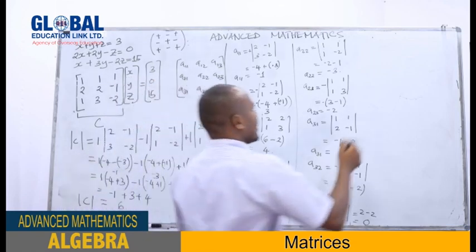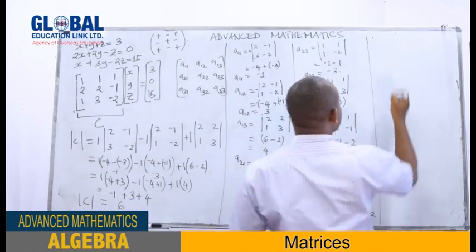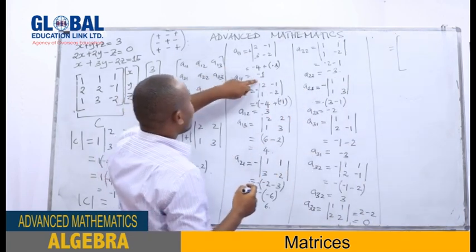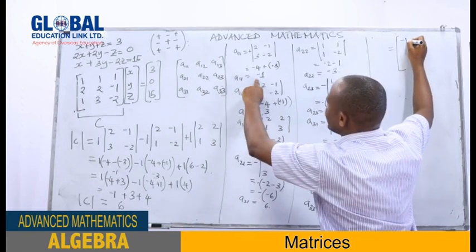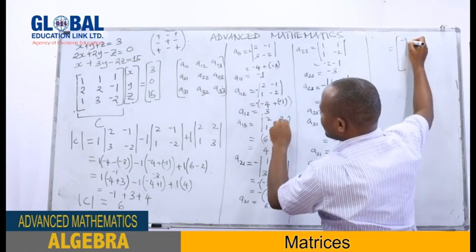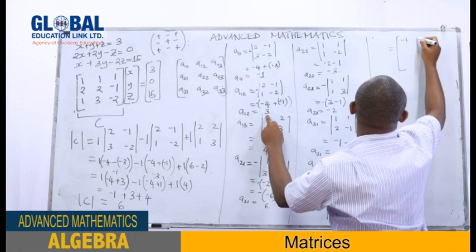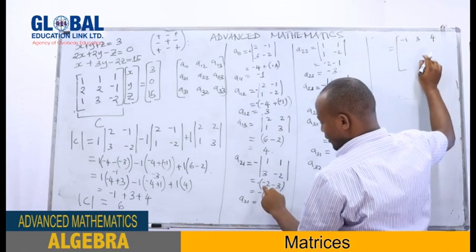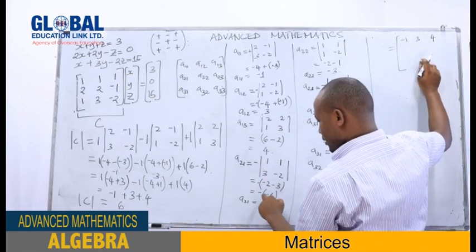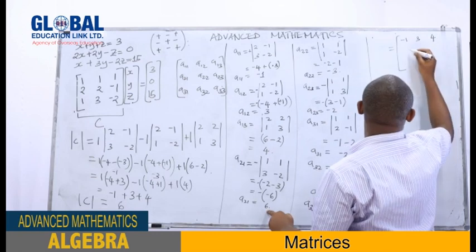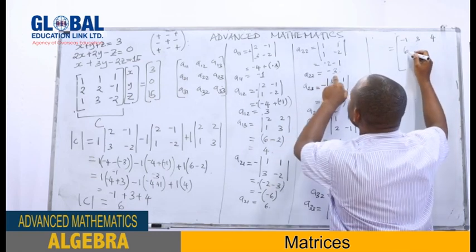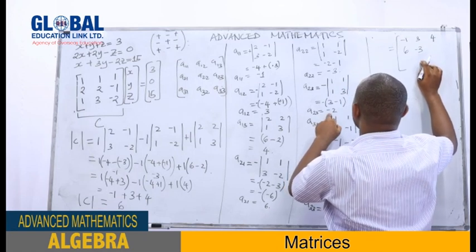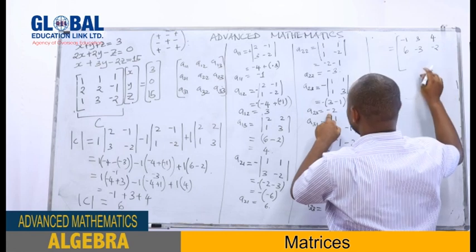Now, my dear students, let's collect the cofactors, and then we shall have this matrix. Let's start with 1, 1, that is negative 1. Then we have 1, 2, that is 3. Then 1, 3, that is 4. 2, 1, that is 6. 2, 2, that is negative 3. 2, 3, that is negative 2.